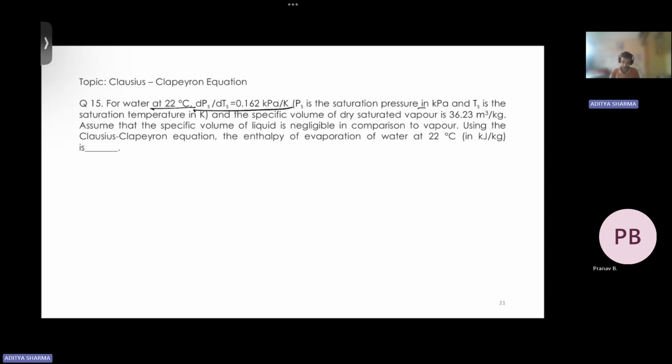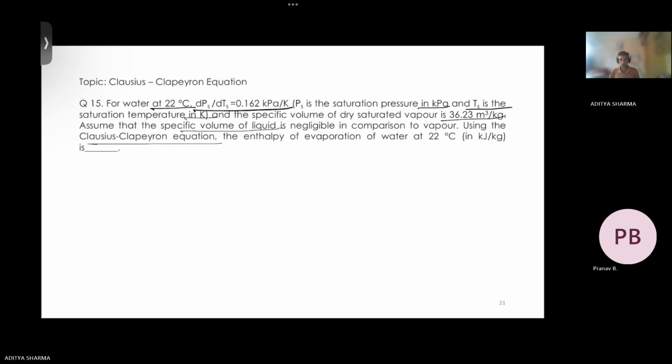So this is in kilopascal, temperature is in Kelvin. Specific volume has been given in SI units. Then the specific volume of liquid is negligible. So this is the first approximation, right? That Vf is 0. Then we have to use the Clausius-Clapeyron equation to find the enthalpy of evaporation.